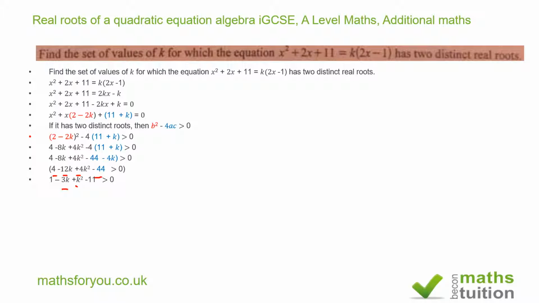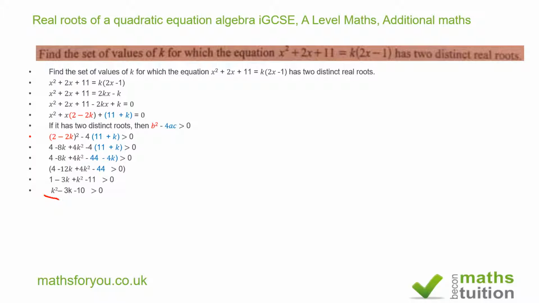Divide 44 by 4, you get 11. Okay? Don't forget that 1 minus 11 will give us minus 10. So our equation becomes k squared minus 3k minus 10.